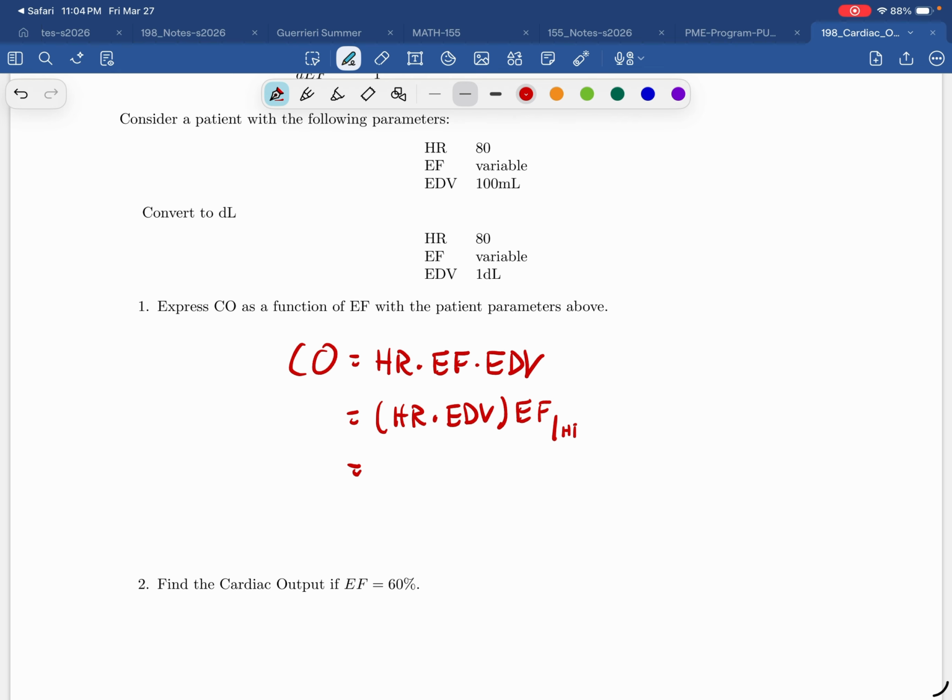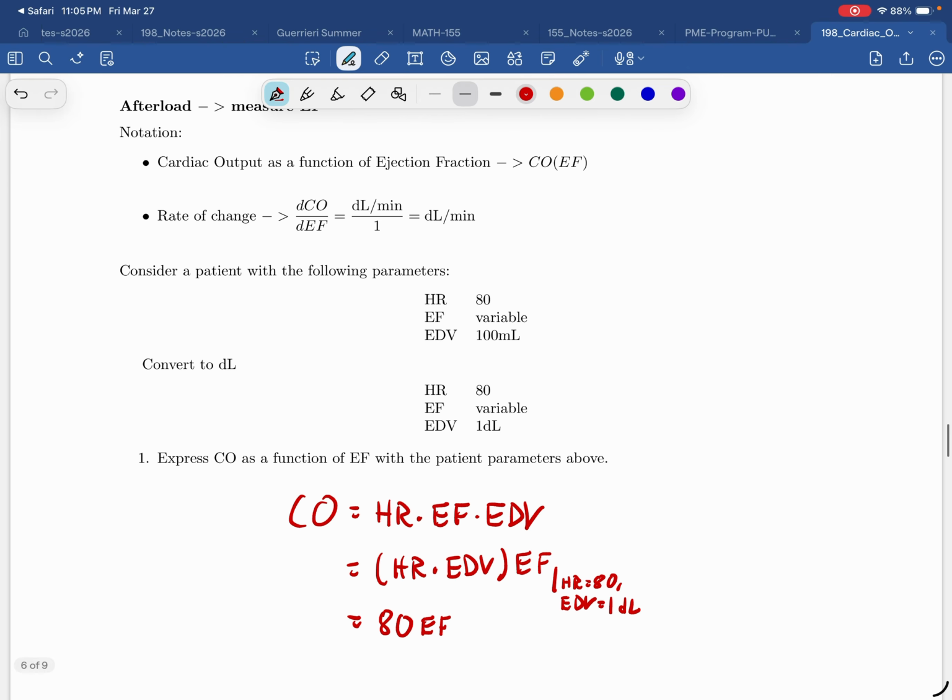And then with the parameters listed above, with HR equal 80 and EDV equaling 1 deciliter, because again we convert to deciliters, we get 80 EF. Remember that EF is just a percentage, so that's not really a unit. Heart rate is beats per minute and EDV is deciliters, so we again have deciliters per minute.